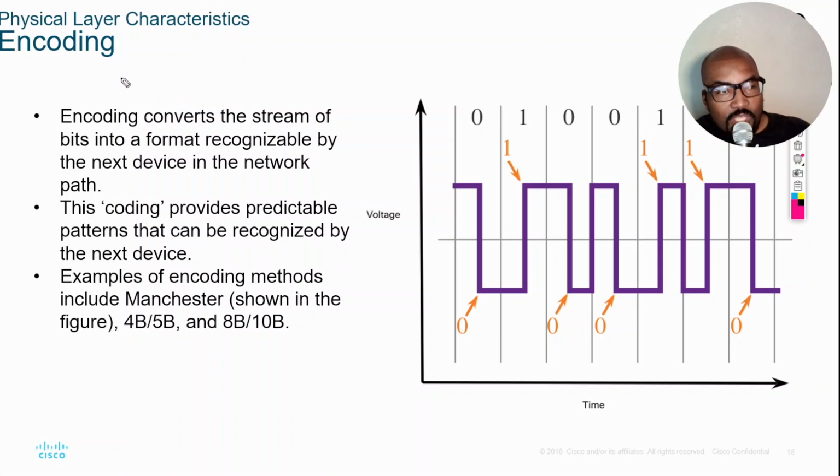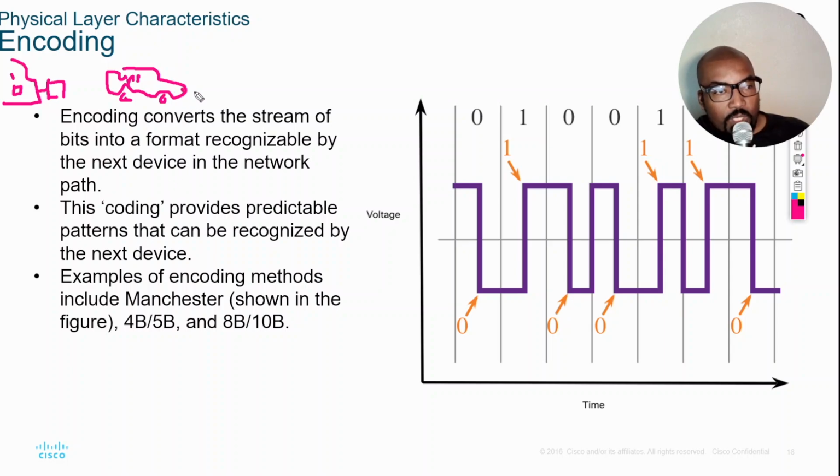So if we had Mr. UPS truck here, or Mrs., just put in UPS here, and it just left your house, right? Your wonderful home, because you walked outside to the mailbox to drop mail in. Oops, I forgot to put tires on my UPS truck. So encoding converts the stream of bits into a format recognizable by the next device in the network.